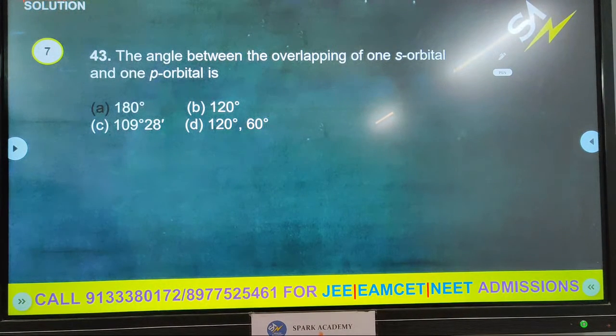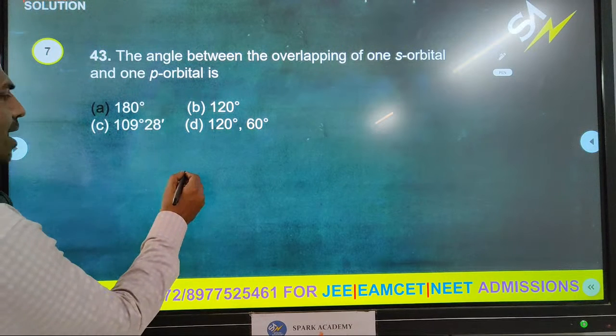Now the next question: the angle between overlapping of one s orbital and one p orbital. So one s orbital and one p orbital.